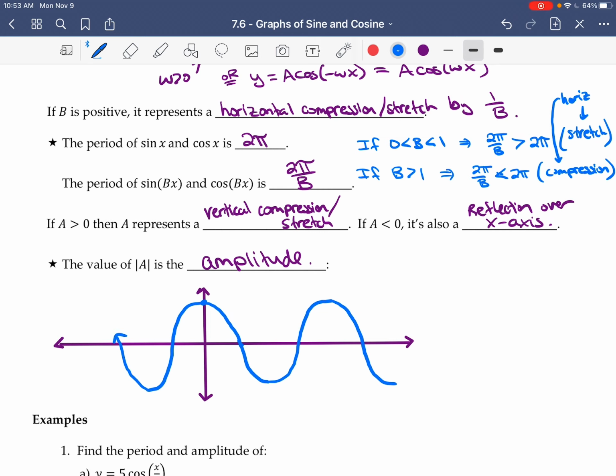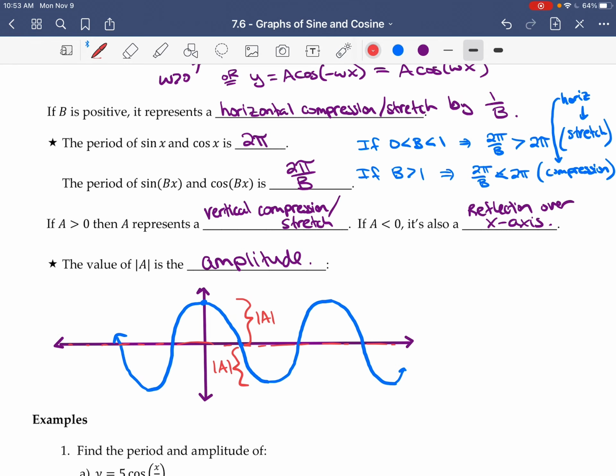So the amplitude is the height from the middle, and I haven't shifted this one. So it gets as high as the absolute value of A, and it also gets as low as negative absolute value of A. So that's what we call the amplitude.